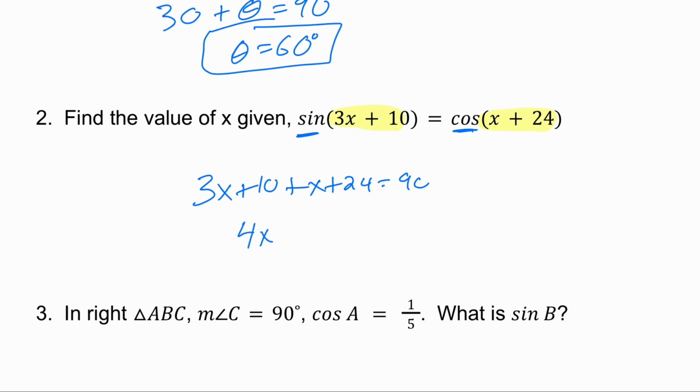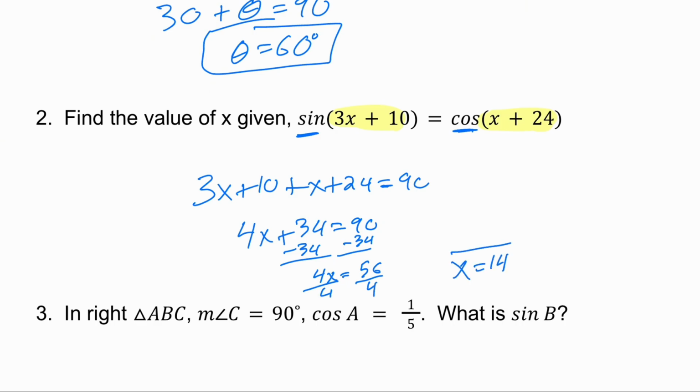We end up with 4x plus 34 is equal to 90. We'll subtract 34 from both sides. We end up with 4x is equal to 56. Then when we divide by 4, x is equal to 14. So our value of x would be 14 degrees.